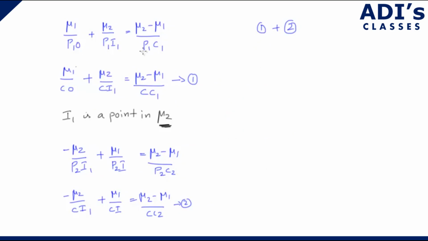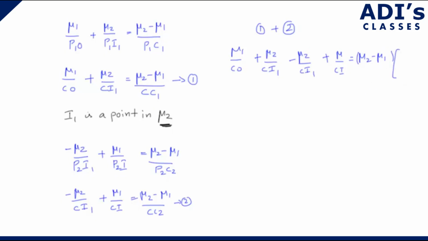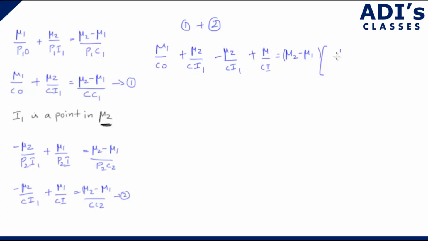Now if you look at this, we have mu1 by CO plus mu2 by CI1 minus mu2 by CI1 plus mu1 by CI is equal to mu2 minus mu1, take it as common, into 1 by CC1 plus 1 by CC2, right?